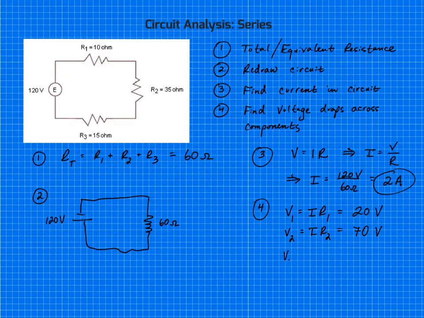And then finally, V3 is going to be equal to current times the resistance of that third resistor, which is 15. So I'm going to have 2 times 15. That is going to equal 30 volts. Okay? And then if we add these up, my total voltage is equal to 120 volts.